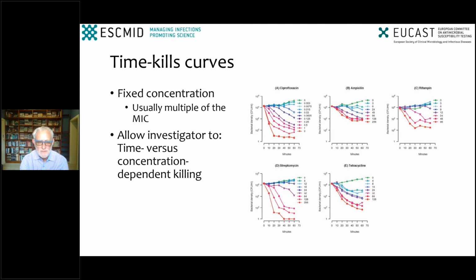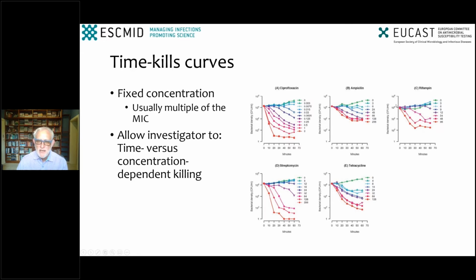This is a nice picture of time kill curves where you've got 5 different antimicrobials against an organism and different concentrations in the test tube listed with those different colours there. And here you can see the profound difference between drugs where the effect is time dependent versus concentration dependent.